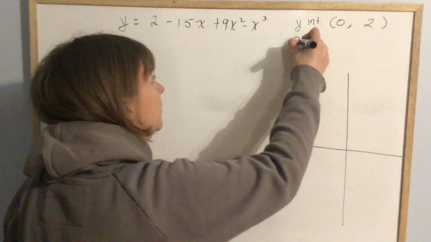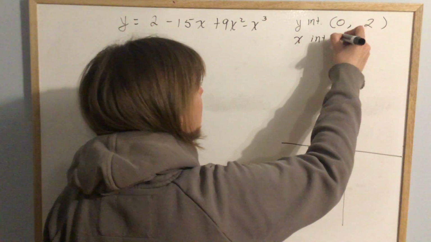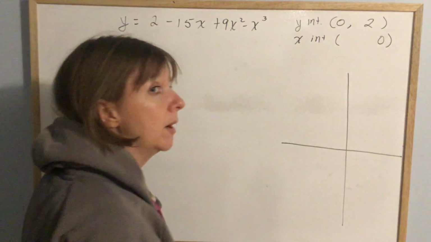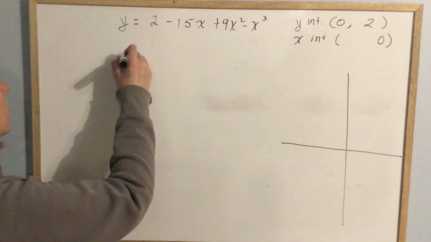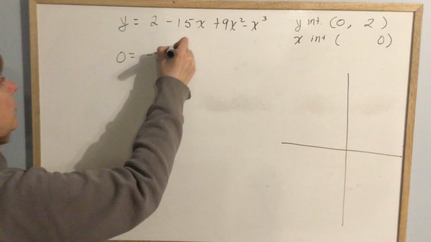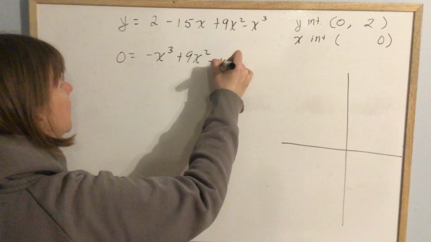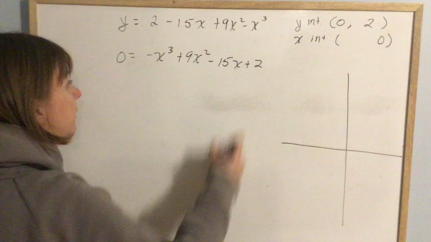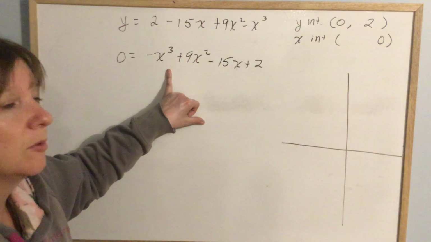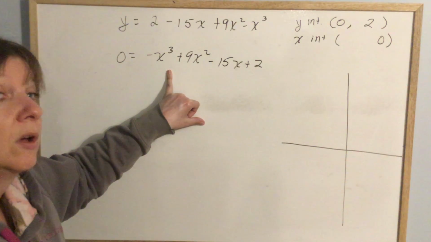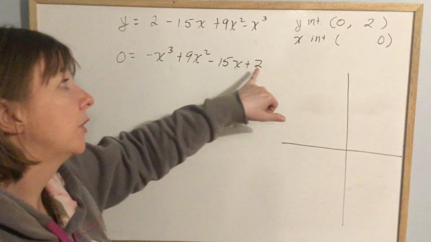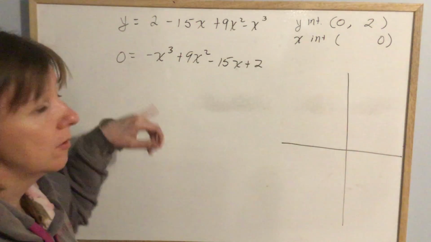Now, could we figure out x-intercepts? Maybe. I would make my y 0, and I would do this. The thing about this is there's no common factor to take out, and so to factor this, I'd have to find all the factors of 2, put them in, see which one equals 0.